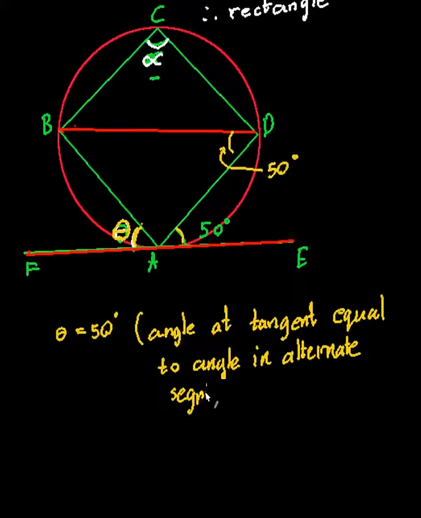So in easier examples, you would have seen angles in the same segment are equal, but when a tangent is involved, the angle that is made at the tangent is going to be equal to the angle in the alternate segment.